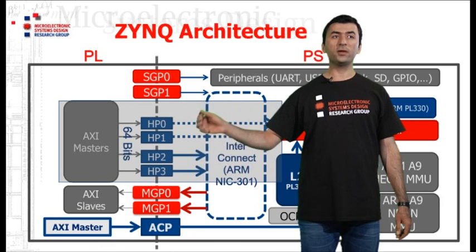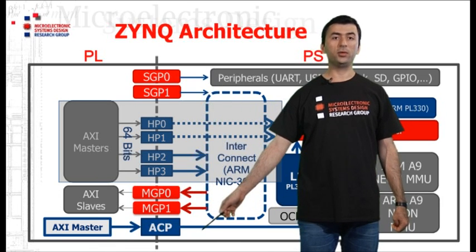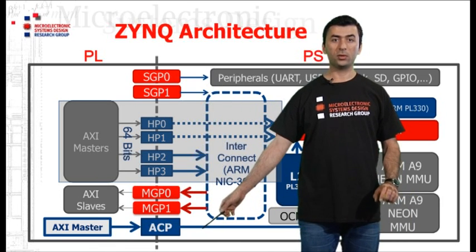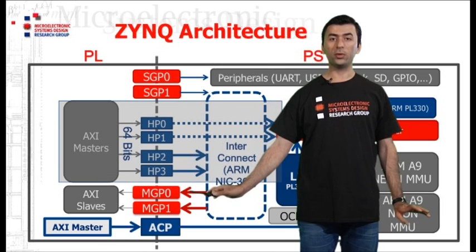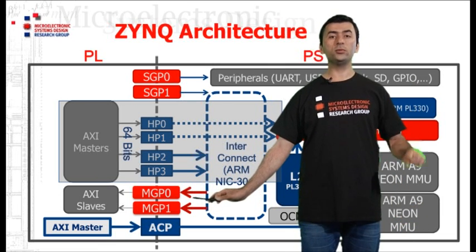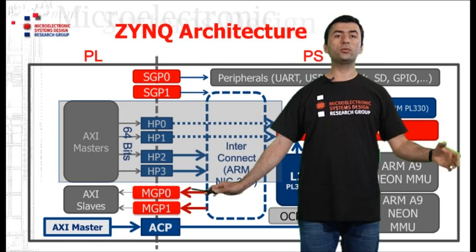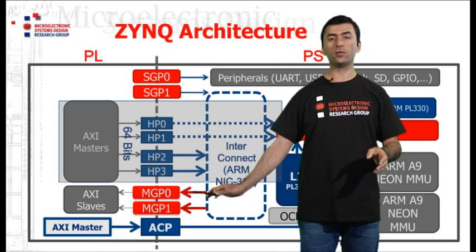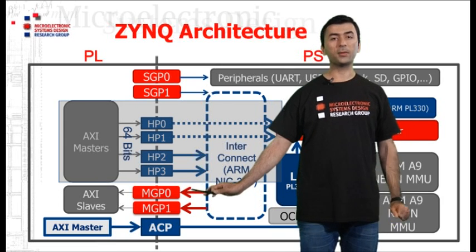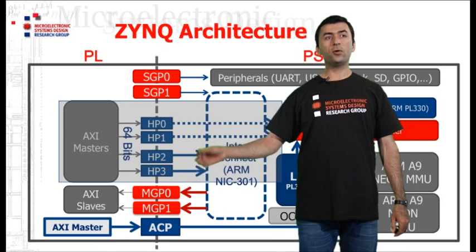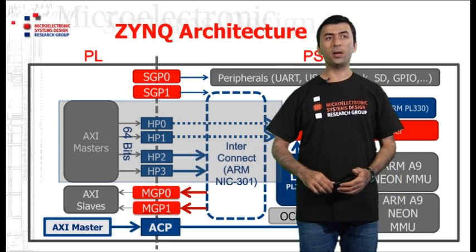All of the ports here, as I described before, are memory mapped ports. There is no streaming port here, and in future videos I will describe what you should do to translate one stream AXI interface to one memory mapped AXI interface. But for now let's focus on these AXI memory mapped interfaces.